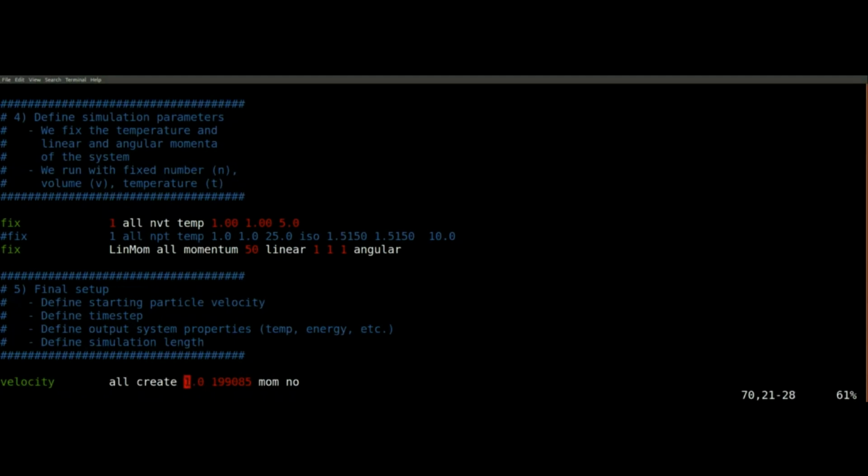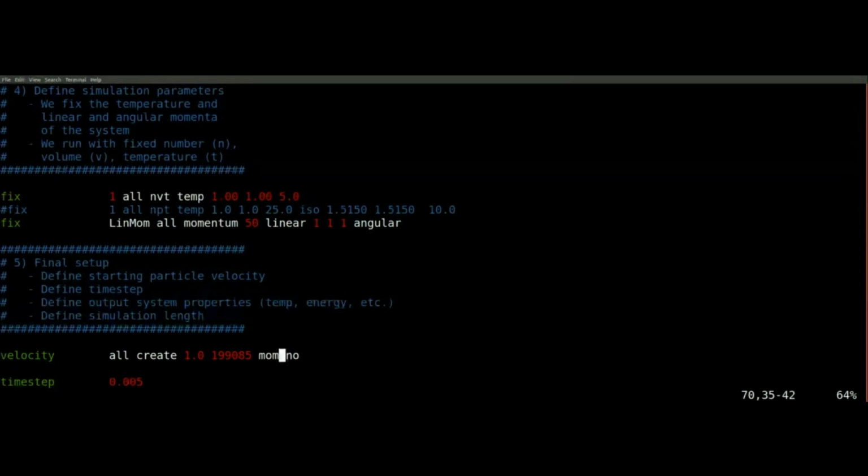I want the average particle velocity to be such that the temperature is 1. Here is a random seed, and I want no overall momentum to my box. LAMMPS will then generate a bell curve, assign different particles different velocities randomly from that bell curve based on this random seed. And then once all the particles have their velocities, it'll move to the next step.